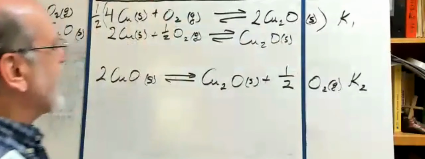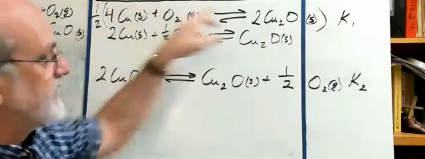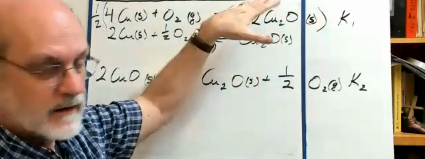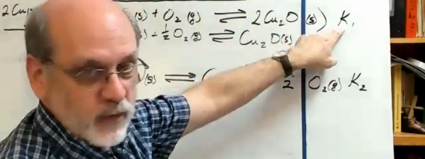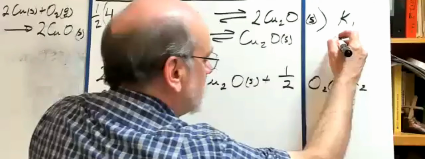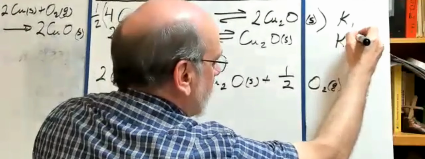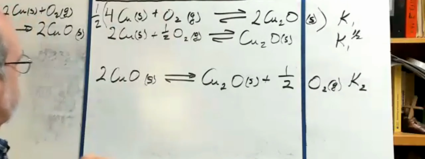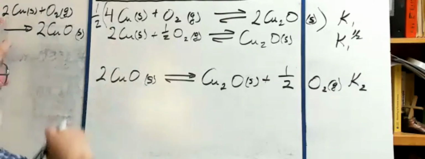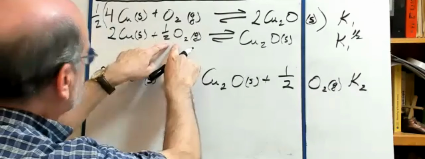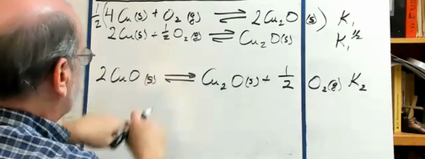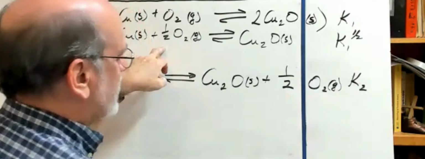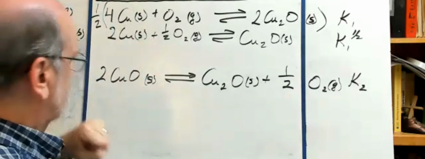So what does that do to the K? Well, we multiplied this equation by 1/2, the whole thing. So now the power of this one becomes 1/2. So this K is that one to the 1/2 power. That gives us 2 coppers. We have a 1/2 an oxygen here and a 1/2 an oxygen there, so they would cancel.